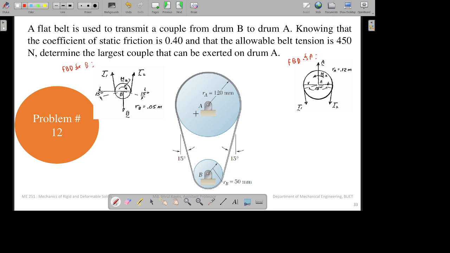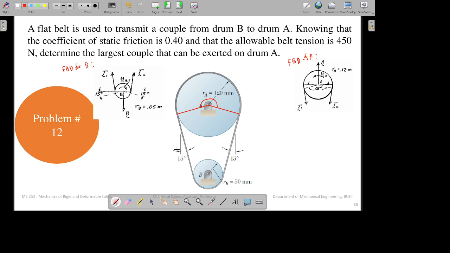Okay, so now the value of beta for A will be like over here, as you can see, this and that angle. So this will be 180 plus 15 plus 15. That means 180 plus 30, which is 210.